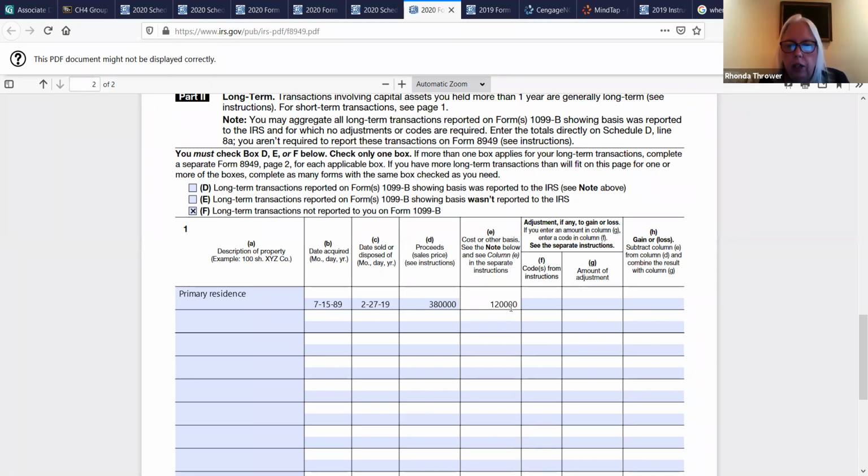But 250,000 of that is excludable for purposes of income, or the amount of your adjustment would be 250,000. And this is on the sale of a personal residence. If you're single, you can exclude 250,000 of the gain. So the total gain was 260,000. We could exclude 250,000 of that. And so the gain that's taxable is 10,000.